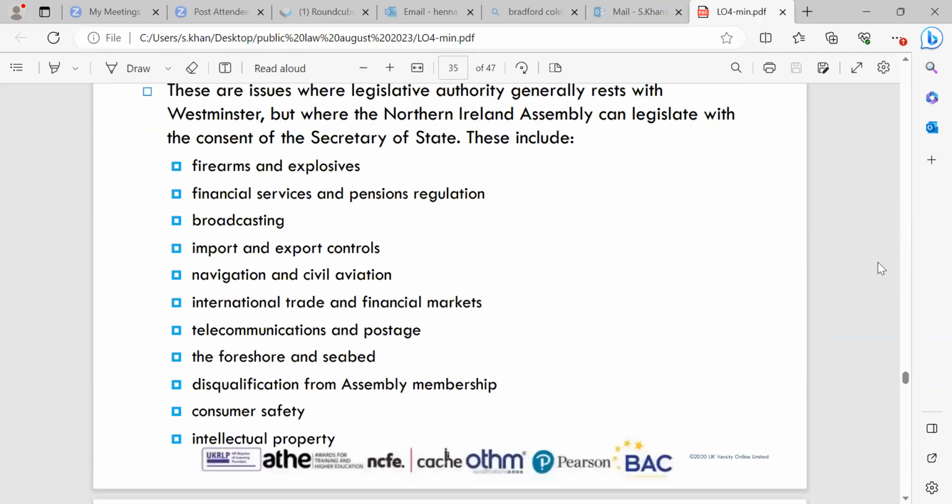These include areas such as firearms and explosives, financial services and pensions regulations, broadcasting, import and export controls, navigation and civil aviation, international trade and financial markets, telecommunications and postage, the foreshore and seabed, anything to do with the river and ocean side of it, disqualification from assembly membership, consumer safety, and intellectual property.